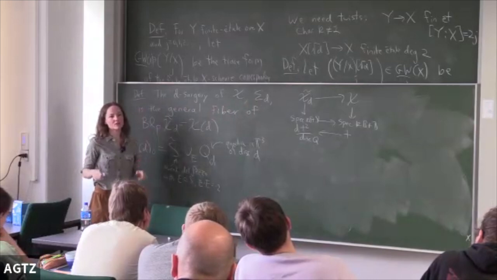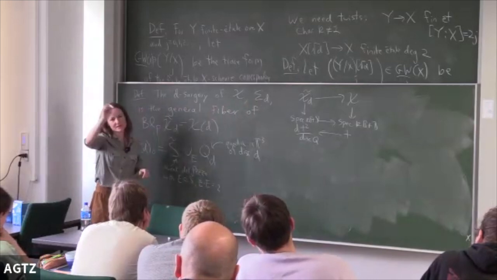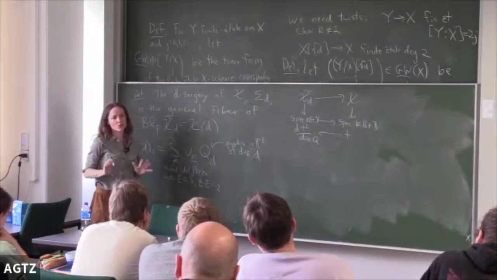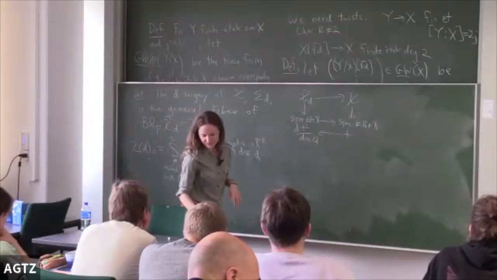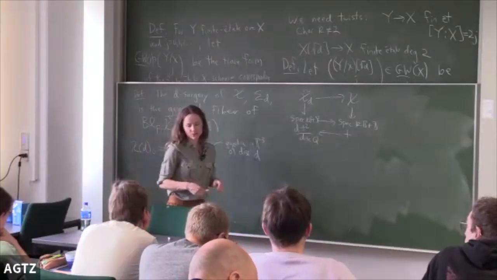So we hit some kind of wall in the space of Del Pezzo surfaces, and we have directions to leave from that wall corresponding to every D in K star over K star squared.